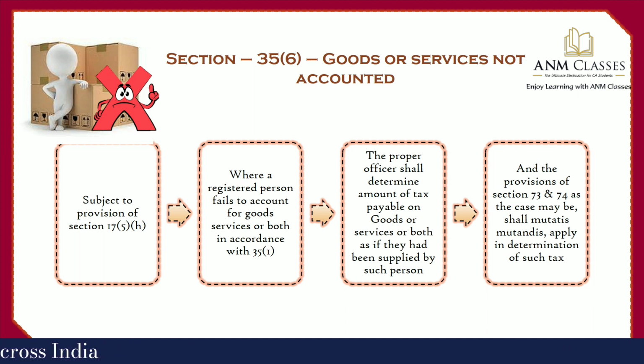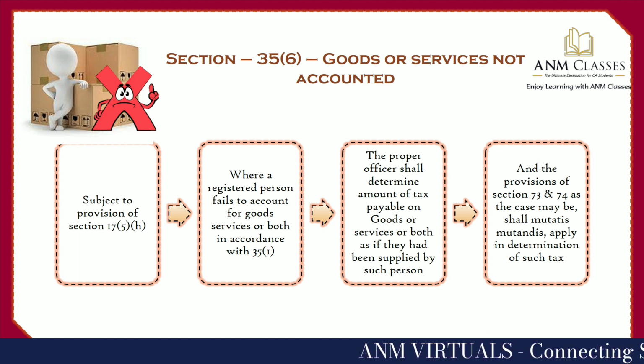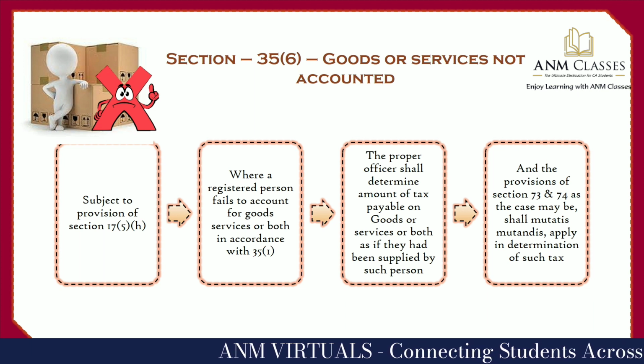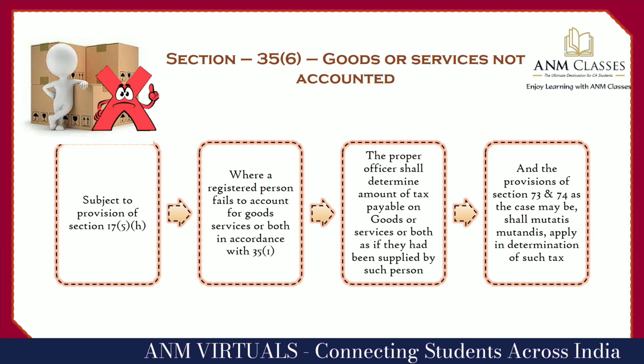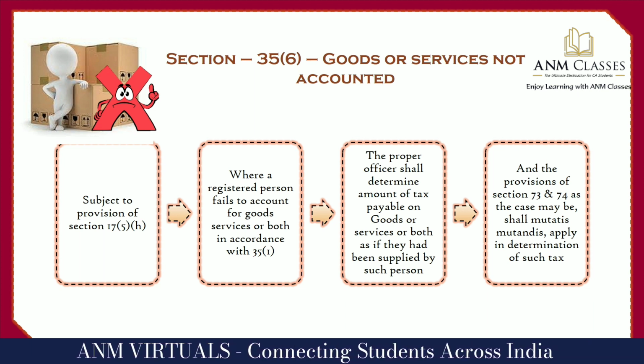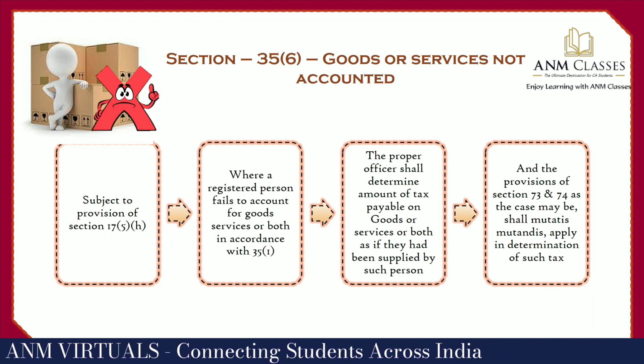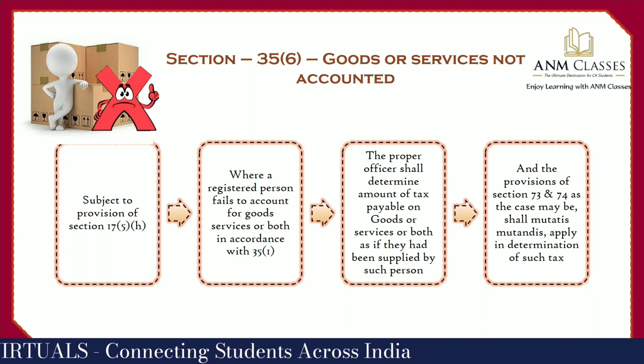Where a registered person fails to account for goods, service or both in accordance with 35 subsection 1, the proper officer shall determine the amount of tax payable on goods or service or both as if they had been supplied by such person and the provisions of section 73 or section 74 as the case may be shall mutatis mutandis apply in determination of such tax.